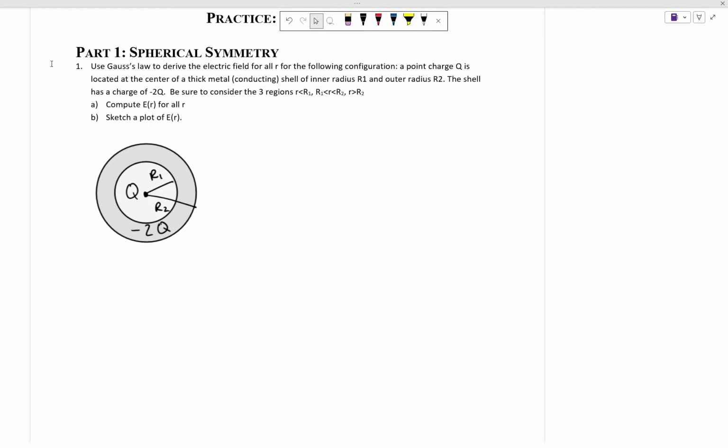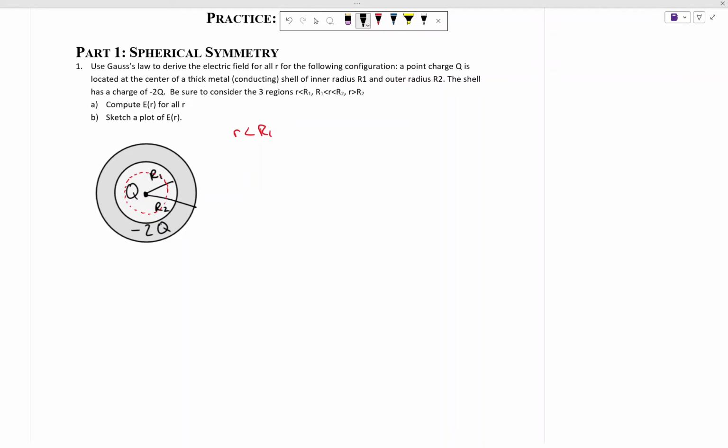So the first region that we want to consider is going to be for radius less than R1. Let me try and annotate this a little bit. Since this is a spherically symmetrical geometry, the Gaussian surface that we would use is a sphere. Remember, we're picking this to make the calculation easy. So this will be for R less than R1.